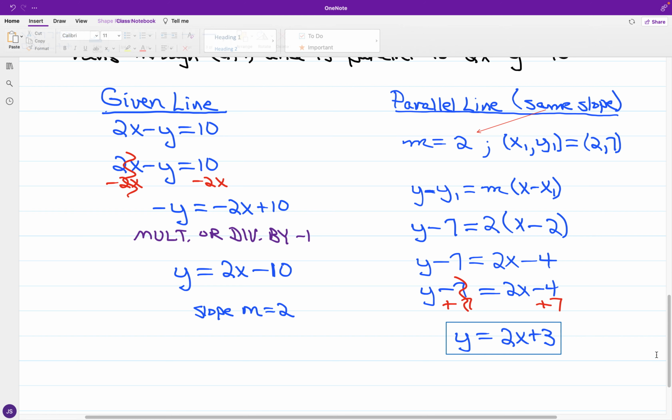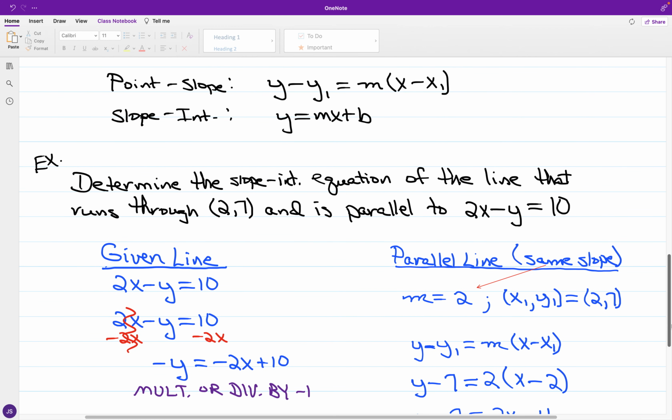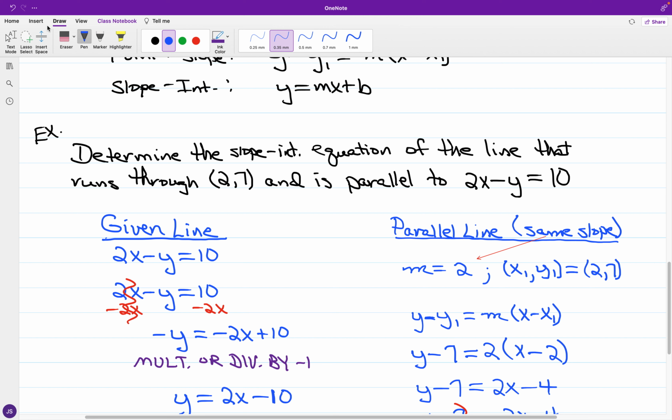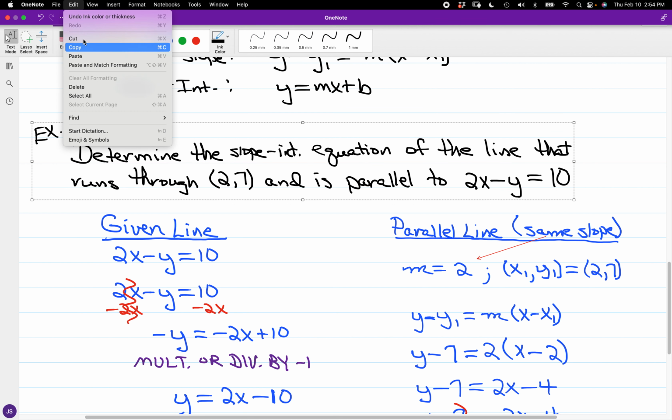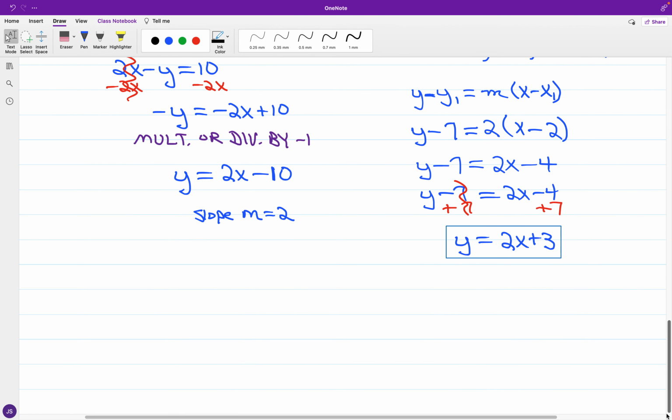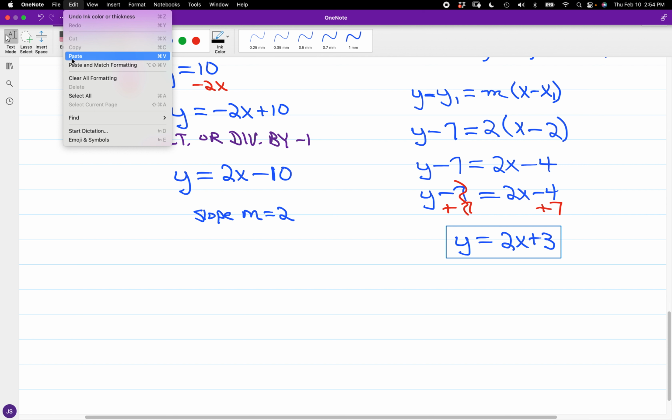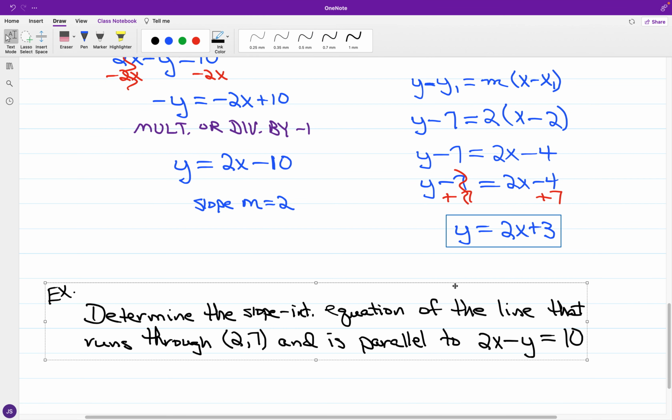All right, so this is the case with a parallel line. Now, in the change up, we've got the slope-intercept equation of the parallel line.